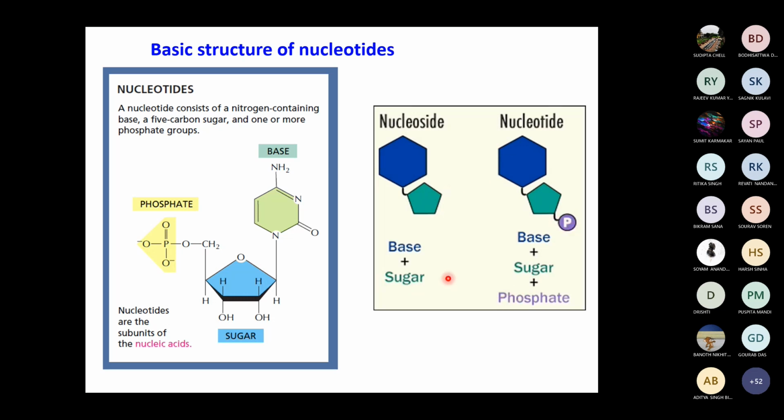I think this is the basic structure and it won't be difficult to remember. The structural framework is sugar, base, phosphate in nucleotide, and simply base and sugar in nucleoside.